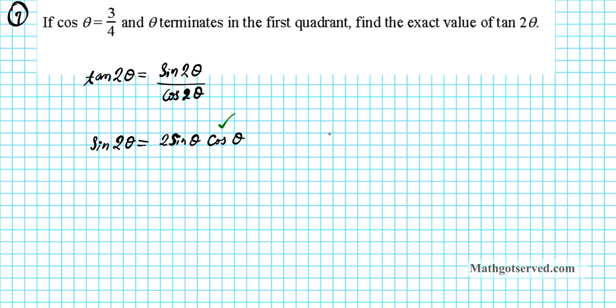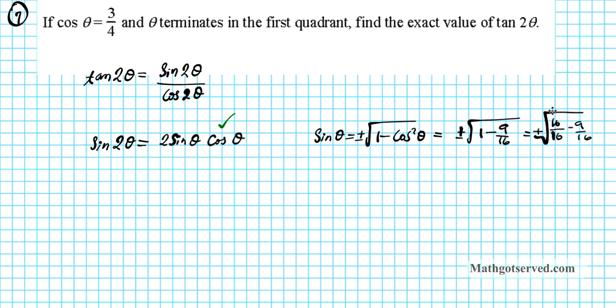Pythagorean identity. So we can use the identity sine theta equals plus or minus the square root of 1 minus cosine square theta. So plus or minus the square root of 1 minus cosine, which is 3/4. If you square that, you get 9/16. And this becomes plus or minus the square root of 16/16 minus 9/16.